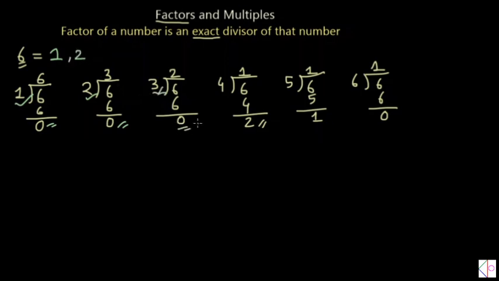In case of 3, same thing, remainder 0, so 3 is also a factor of 6. 4 is not a factor of 6, because the remainder is not 0. 4 is not an exact divisor, and 5 is also not an exact divisor, so both of them are not factors of 6.